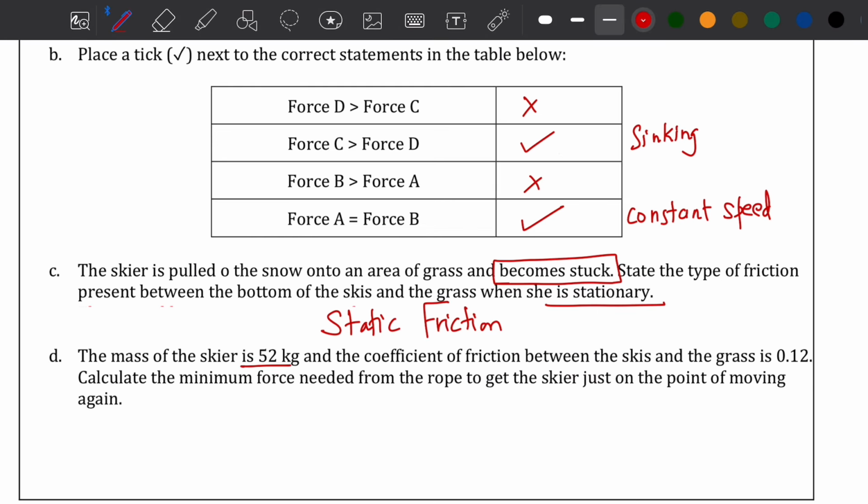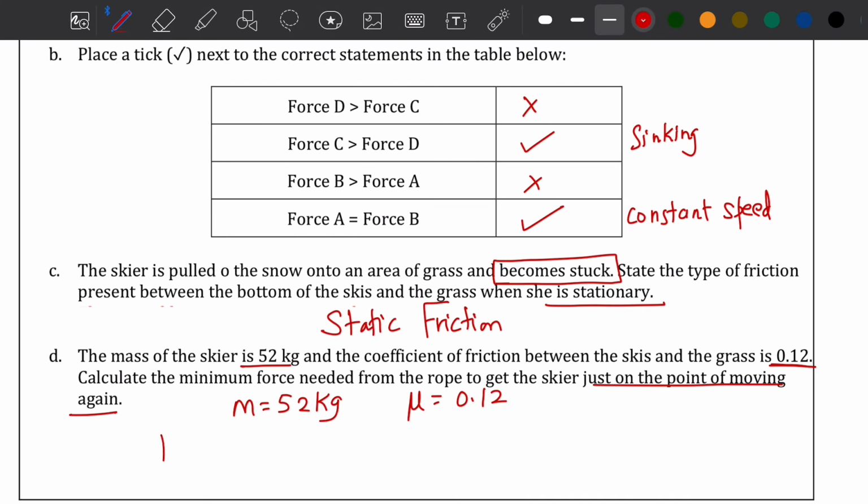Mass of skier is 52 kg. Coefficient of friction is 0.12, so m is equal to 52, mu is 0.12. What is the minimum force needed for the rope to get the skier just on the point of moving? So you're pulling the skier with the rope and you want him to come out of the grass and become unstuck.